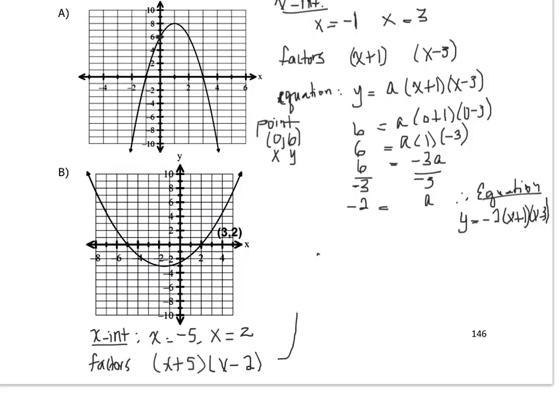So our equation would be of the form y equals a, that's what we still need to find, times (x plus 5) times (x minus 2). Then we'd use the point that we have there, which is given as (3, 2).